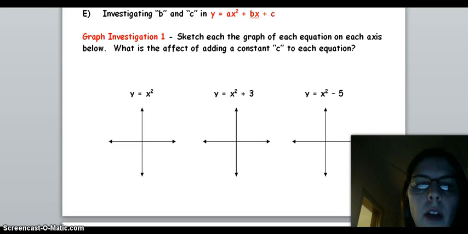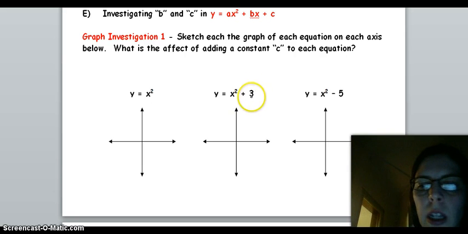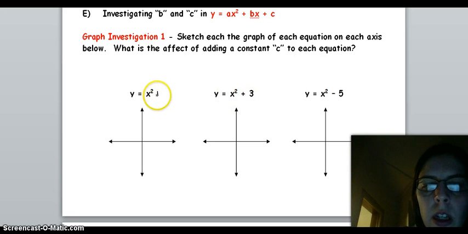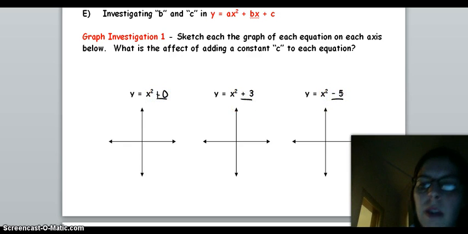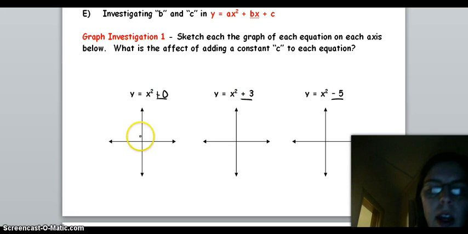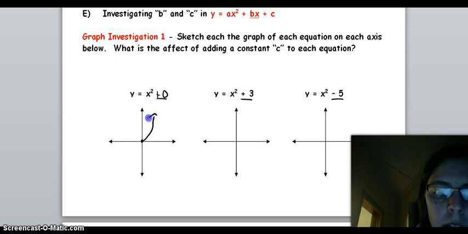Alright, so graph investigation 1, it says sketch each of the graphs of each equation on each axis below. What is the effect of adding a constant? That's our c values. Notice there is nothing here, or it would be +1, +3, or -5. What happens to the graph? So when I just have y equals x squared, it's going to start right there at the origin and go up.